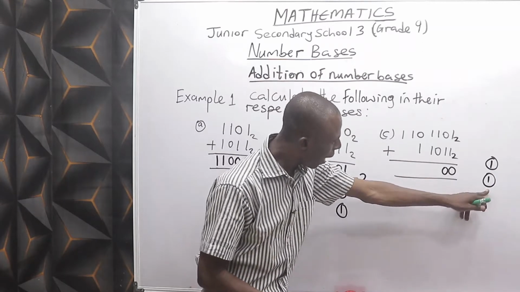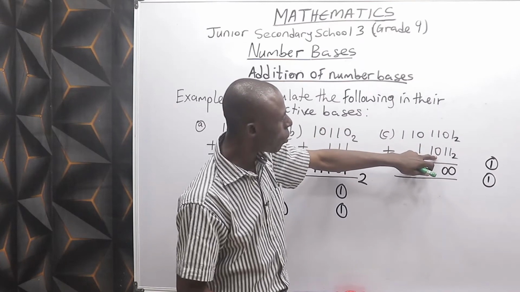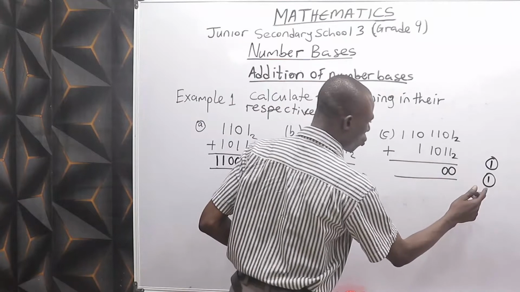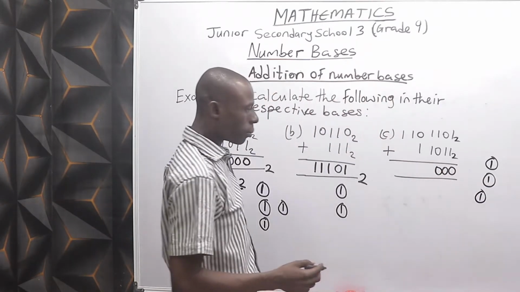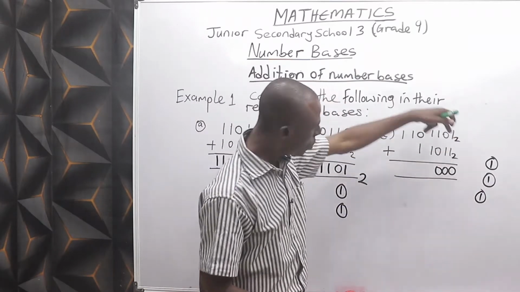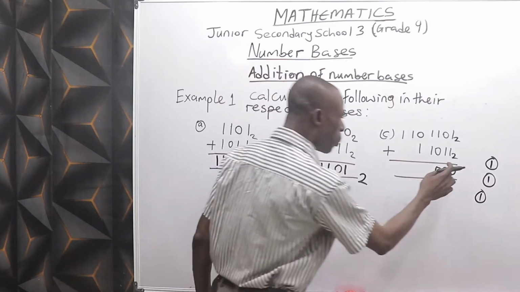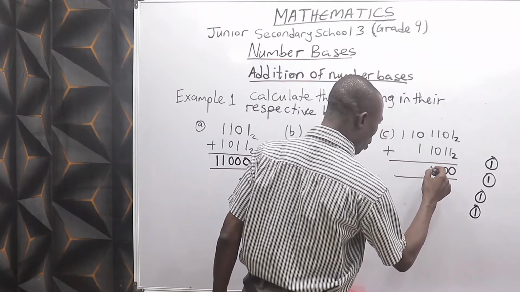The one we carry, add it to this one, making 2, plus this 0, making 2 still. You cannot write the 2 down. The base in 2, that's 1, remainder 0. Still add this one to this one, making 2, to this one, making 3. The base 2 in 3 is 1, remainder 1.